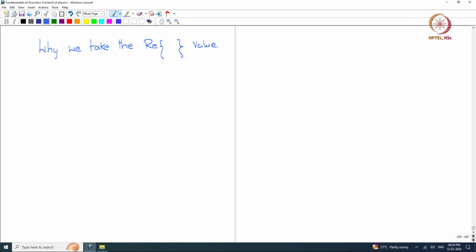Okay. So, we take a solution, let us say x of t, which is a real quantity but expressed in terms of these complex variables.